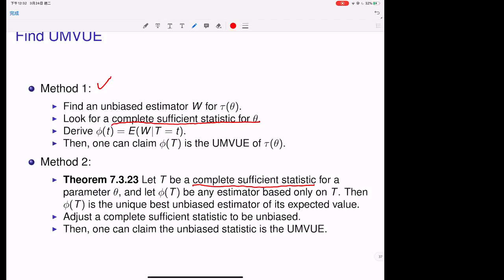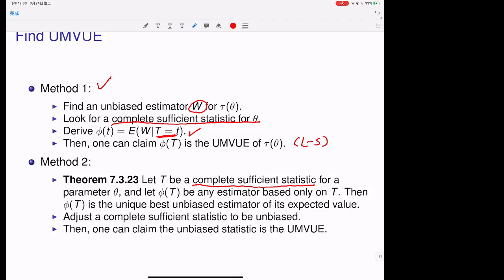The difference in method number 1 is that I have my unbiased W, then I work on phi(T), deriving the expected value of W given the complete sufficient statistic T. It may not be easy to derive, as you can see later in the example, but that's all we can do. By doing so, we can use Lehmann-Scheffé to claim that phi(T) is the UMVUE for tau theta.